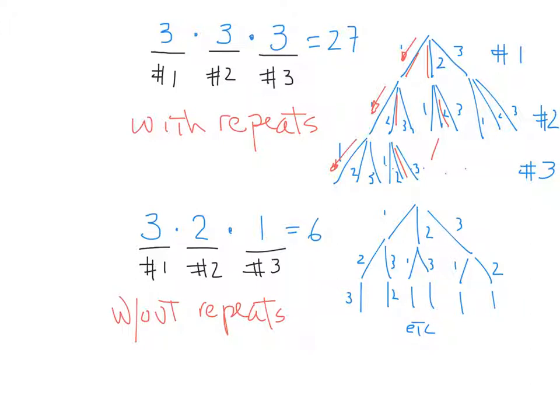So what this allows you to do is notate this as 3 factorial, because 3 factorial means 3 times 2 times 1. That's a useful shorthand for writing that you're counting down. So this is actually called a permutation.